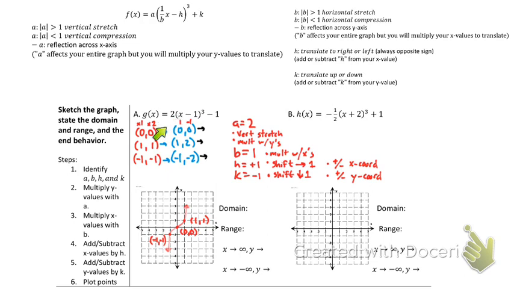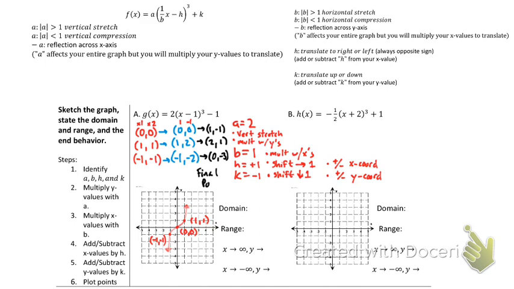So adding 1 to the x's, subtracting 1 from the y's. So we got 1, -1, 2, 1, and 0, -3. These are your final points.